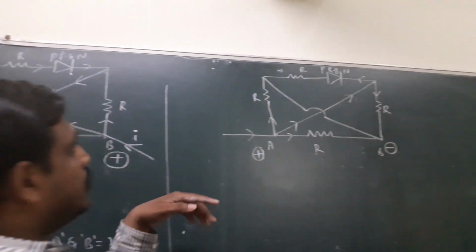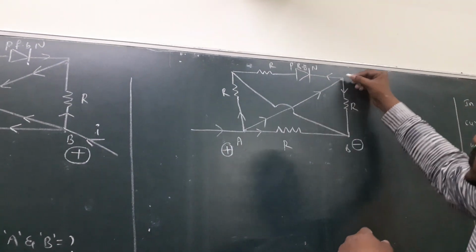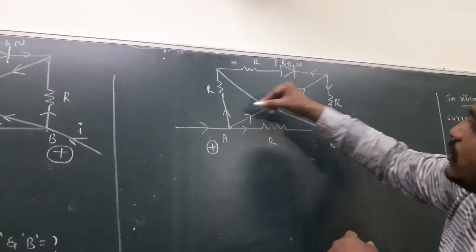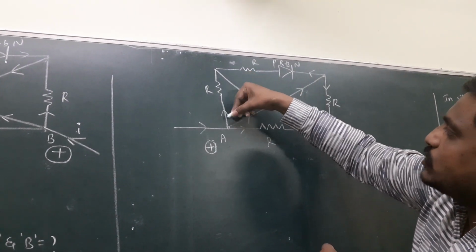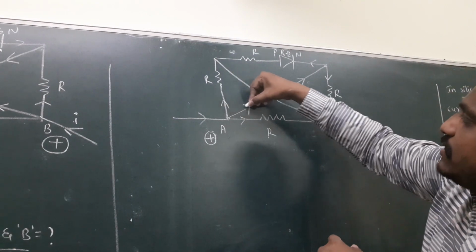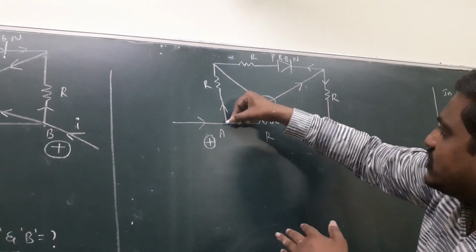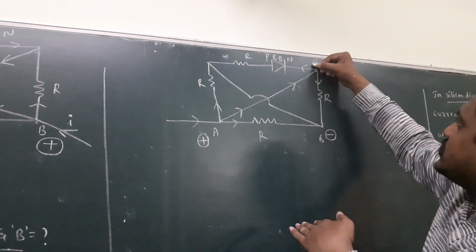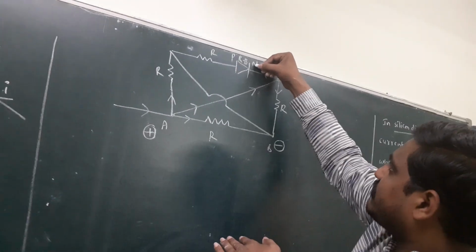But in this case, the current reaches immediately here because a resistor is there on the other path. So in which path does it reach fastly? This path reaches fastly. So that's why higher potential is there, and this is reverse bias.